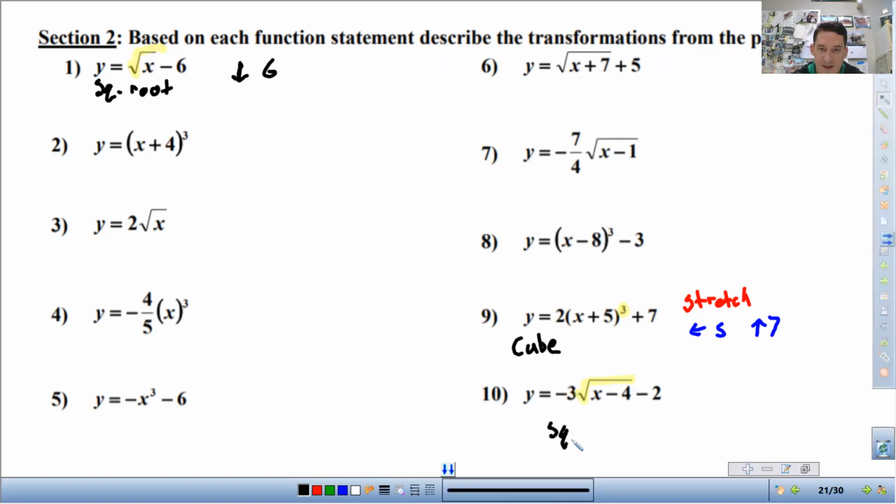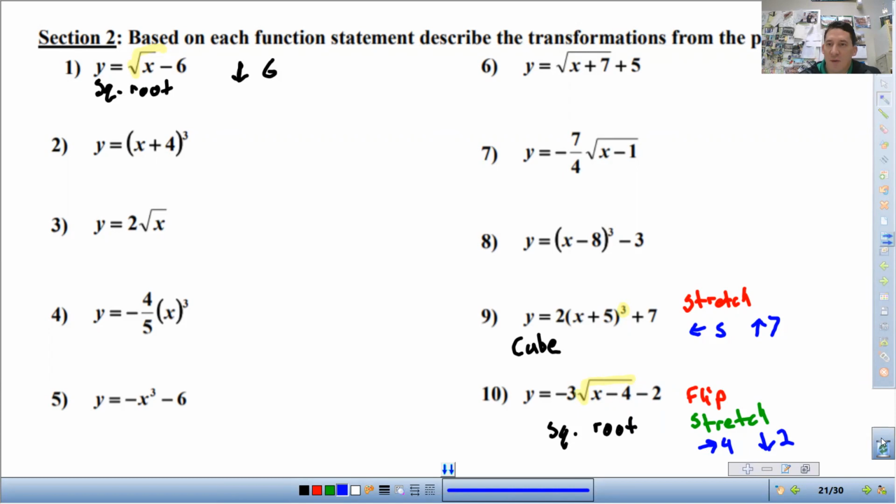Again, that's the square root. So then the negative flips it. The 3 stretches it. The -4 shifts it to the right 4, and the -2 shifts it down 2.